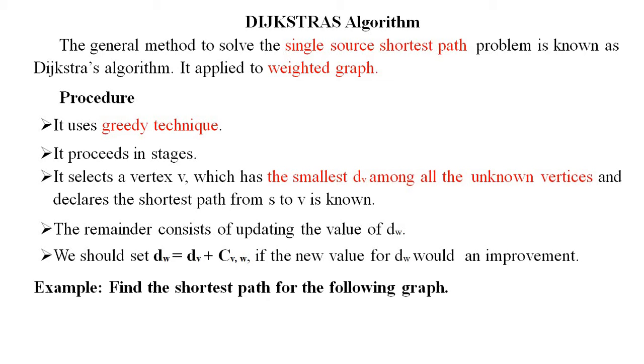The procedure majorly uses the greedy technique, and it proceeds in different stages. We can consider each vertex as V, and the smallest vertex distance can be calculated as the distance vector dv, and the path can be identified as the path vector pv.